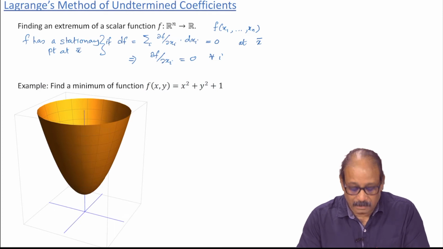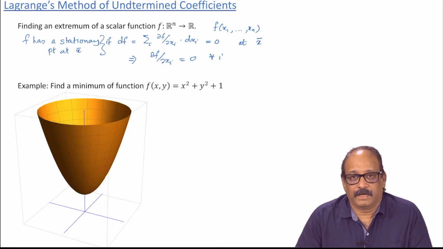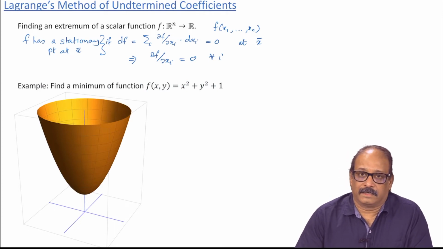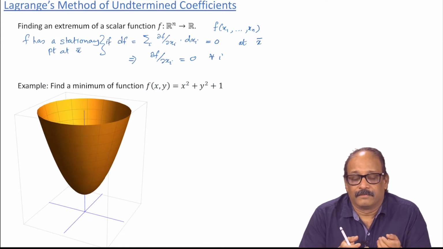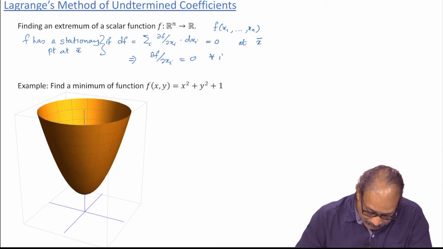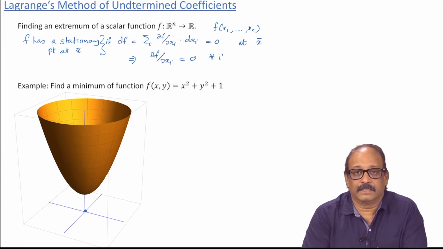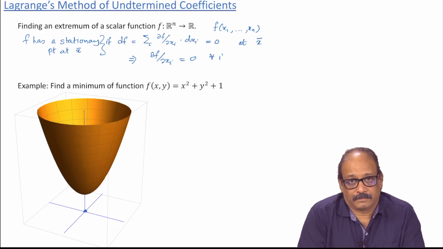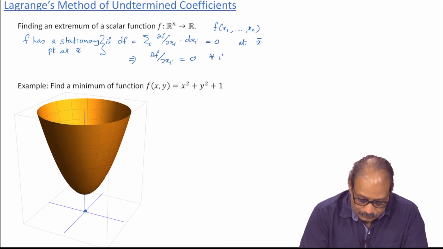So, this is a function which is x square plus y square plus 1, and the graph is shown there. From the graph, we can immediately see that the minimum lies at x equal to 0 and y equal to 0. Now, we can of course use the formalism we have just now talked about.